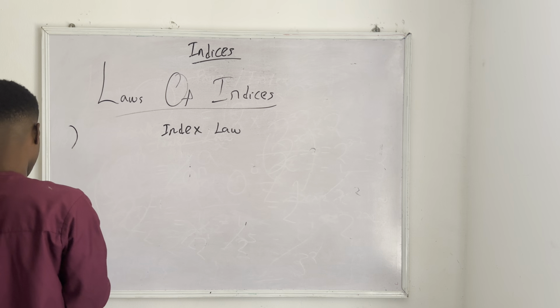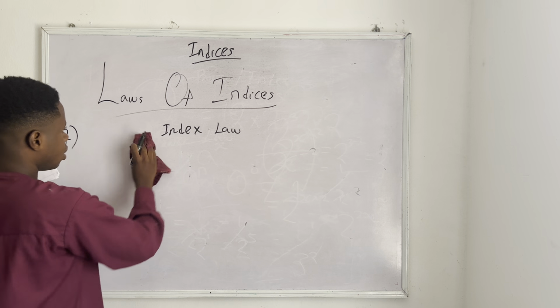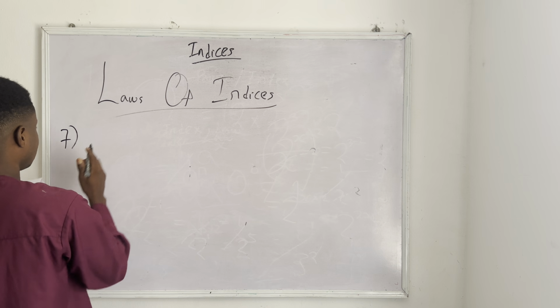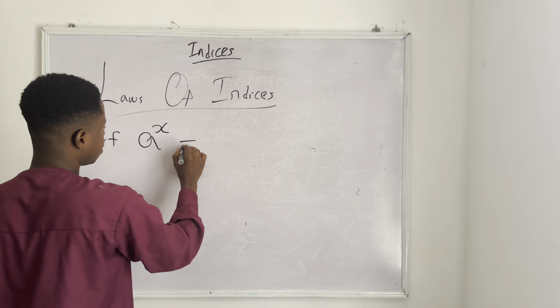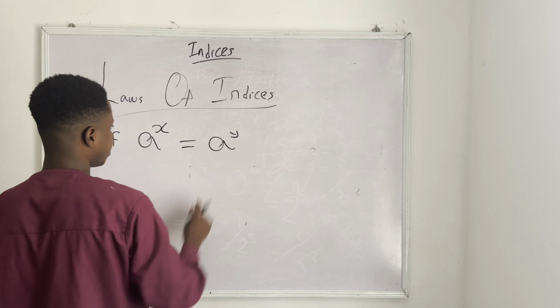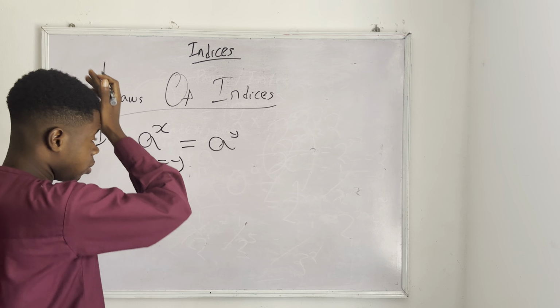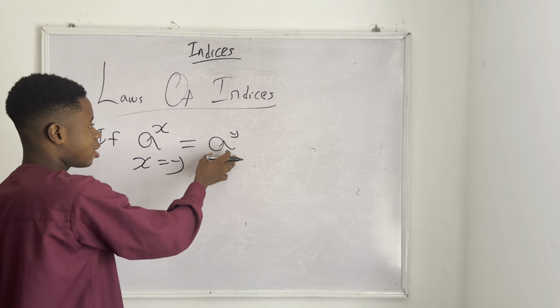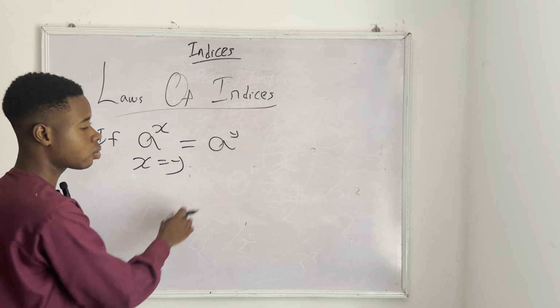Then the seventh law, the last one, is: if a raised to the power of x is equal to a raised to the power of y, then x is equal to y. So if you have an expression at this side and you have an expression at this side, and both expressions have the same base, then their powers are equal to each other.